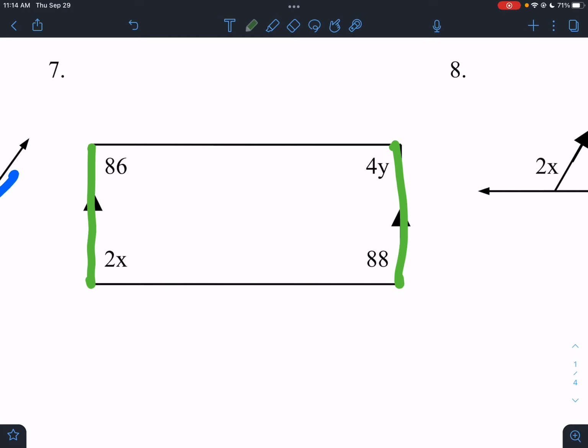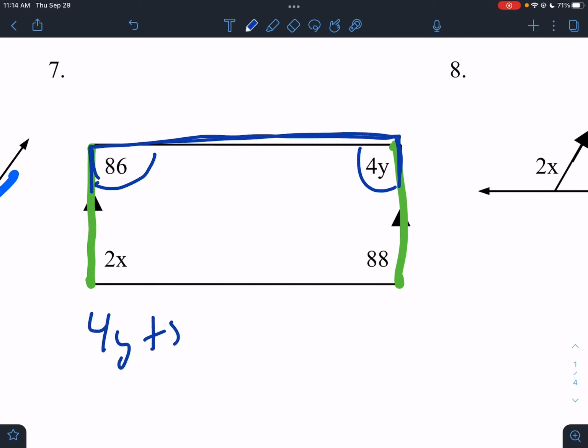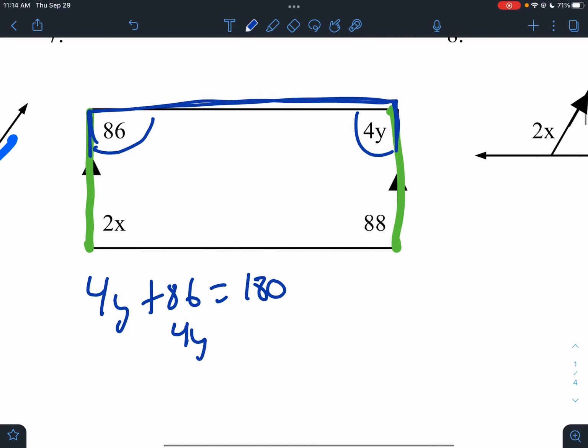Here's what we can do. We can do this way. Those two angles are going to be same side interior. Those are going to add up to 180. Yes. So 4y equals 94. So y equals, oh dear, 47 halves.